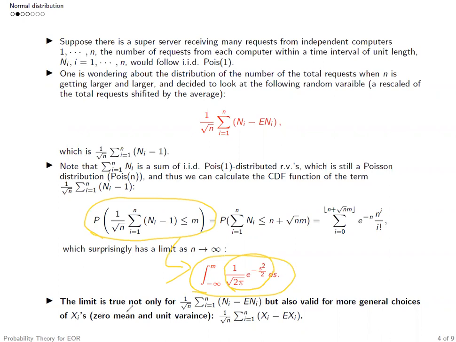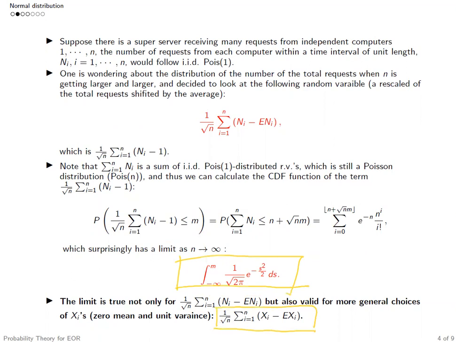The limit is true not only for Poisson N_i, but also valid for more general choices of X_i. As long as they are zero mean and unit variance random variables, surprisingly, we can always use the second formula in red to approximate the distribution of such transformed random variables.